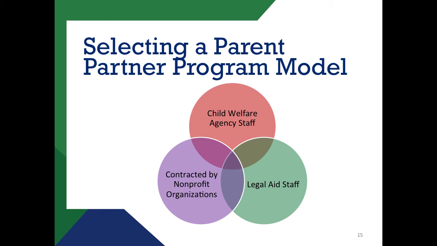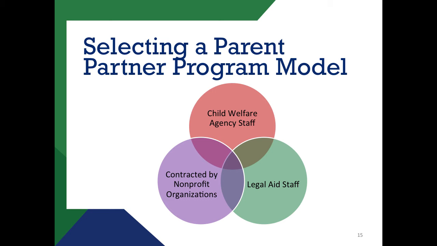Some of the challenges might be that parent partners can be seen as having an adversarial role within the child welfare agency. Parent partners may take on a strong advocacy role, siding with the family, even when there are significant threats to the safety of children. And parent partners might be subject to testifying and creating documents for the court. An example of that program model is in Washington State.